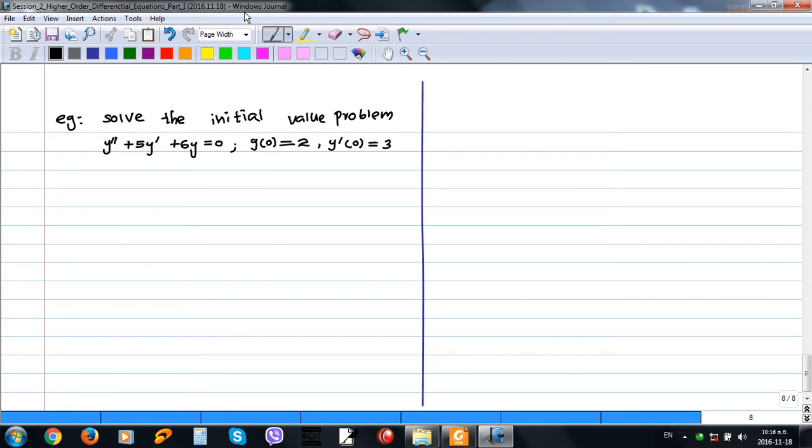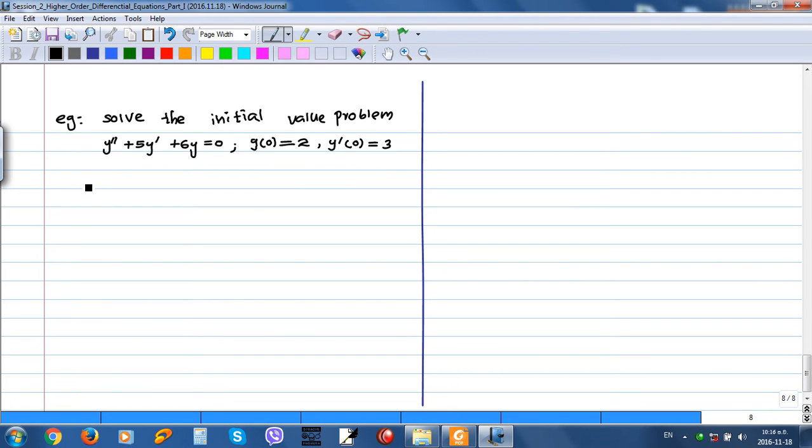Solve the initial value problem. It is given y double dash plus 5y dash plus 6y is equal to 0, where the initial conditions are y(0) equals 2 and y dash(0) equals 3. So we will solve this.